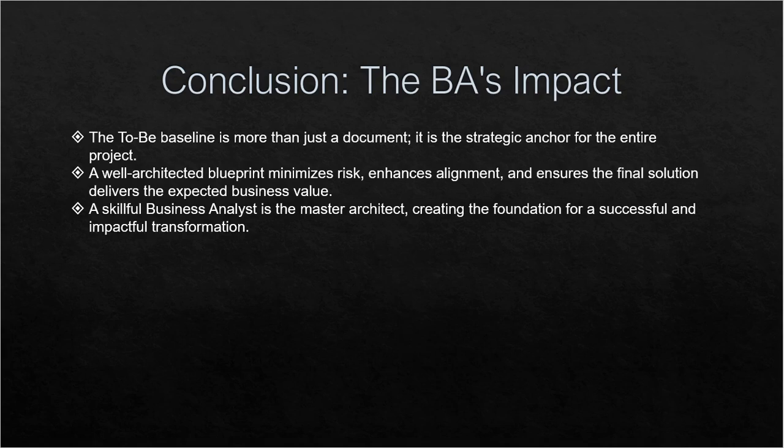It is a strategic anchor for the entire project, as well as an architecture blueprint, and it enhances alignment to ensure the final solution delivers the expected business value. And skillful BA analysis is about mastering architecting, creating a foundation for a successful and impactful transformation. So this is the conclusion for that slide.